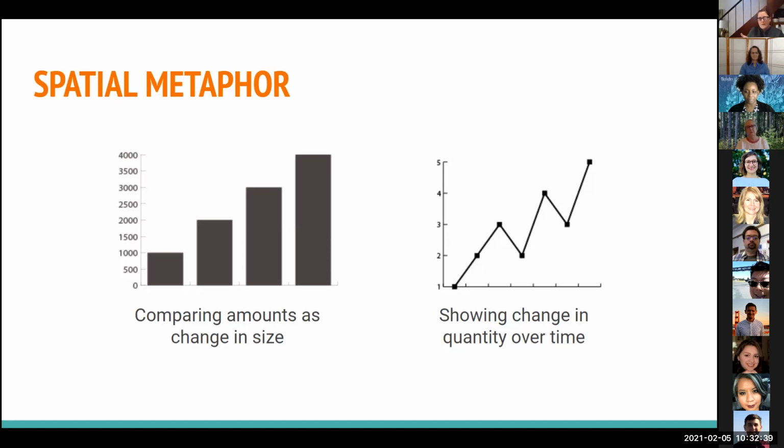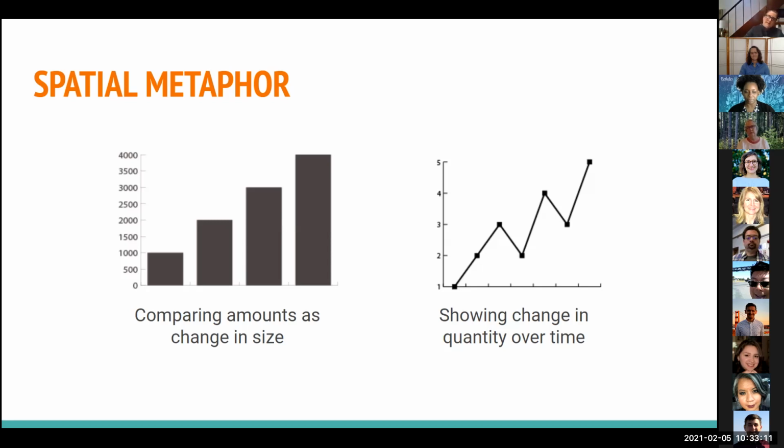And then on the right hand side, the line chart showing change in quantity over time. Why is that different? Actually, I won't go into that, I'll get sidetracked. But in the Western world, most languages read left to right, and so we have created this idea that time moves left to right. And so the change in status of something from one point in time to another is connected.